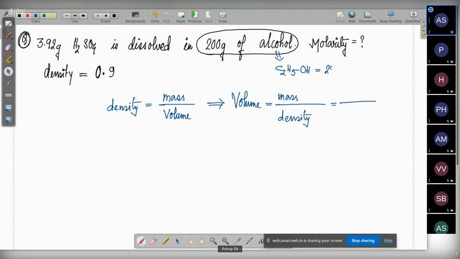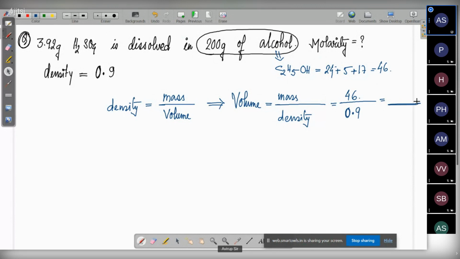This one will be 24 plus 5 plus 17. 24 plus 5 is 29, and 29 plus 17 will be 46. So this is the mass of the alcohol. So 46 divided by 0.9 will give you the volume.